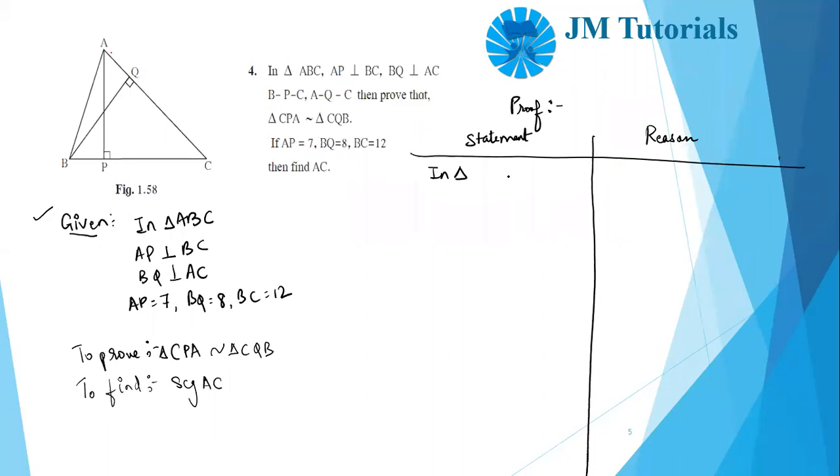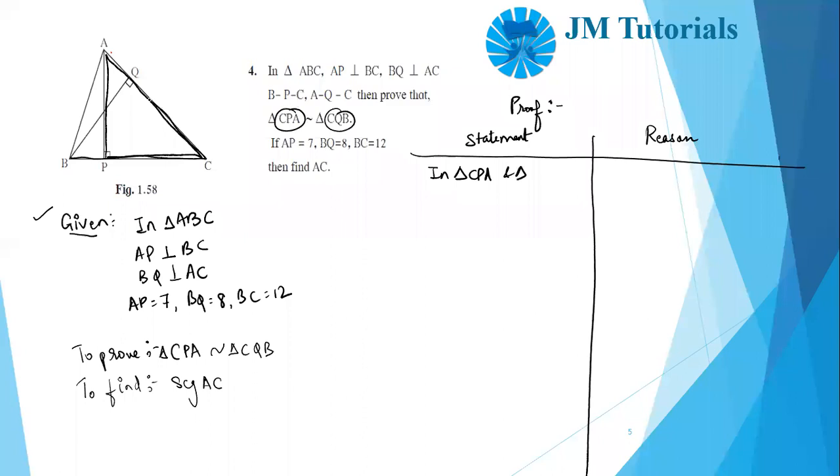Which triangle will you take? Come on fast, guys. In triangle, which triangle should I take? CPA. CPA. So I'll draw it. CPA. And which is the second triangle? CQB. So this one.